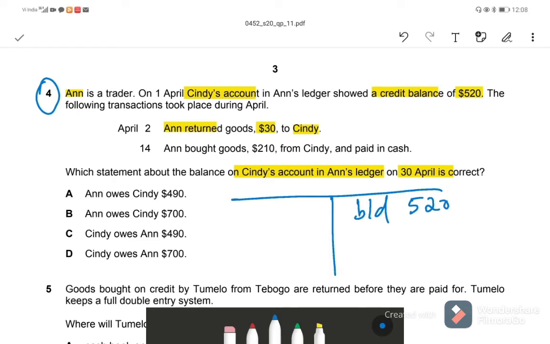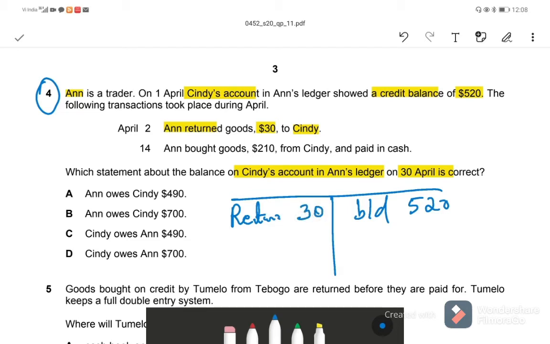The following transaction took place during April. Anne returned goods to Cindy means it is a purchase return. Credit purchase we enter on the credit side, while the return we entered on the debit side. So return is 30.